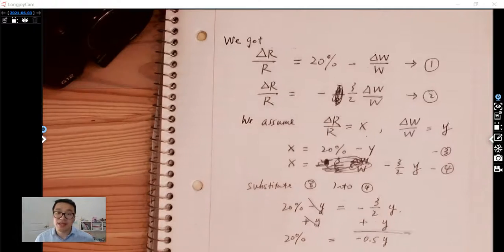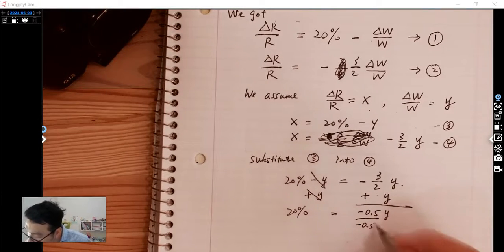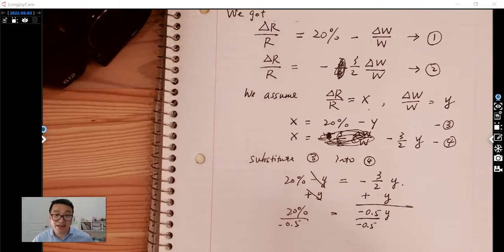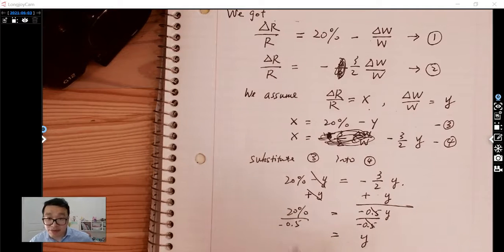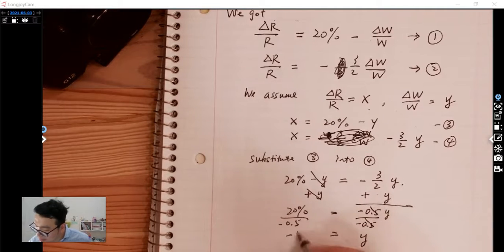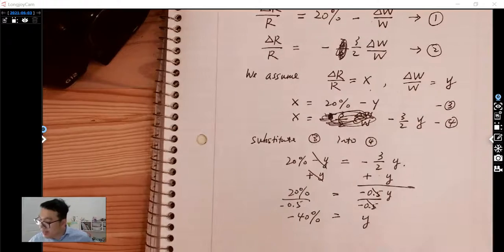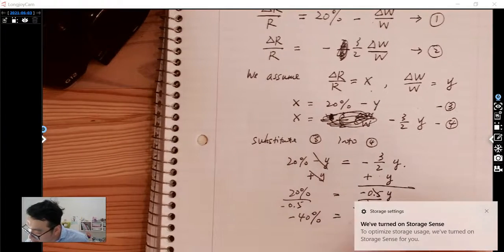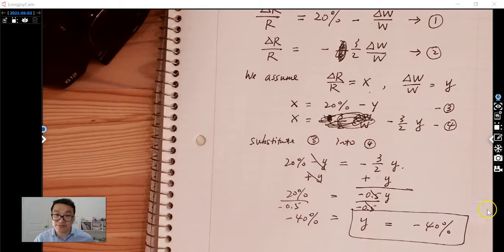And then we divide by negative 0.5 on both sides, which is negative 1/2. So the right hand side we have this Y because they are cancelled, and the left hand side we got 20% divided by 0.5 with negative sign, so this is going to be negative 40%. Okay, now we got Y equals negative 40%. Sorry about that.